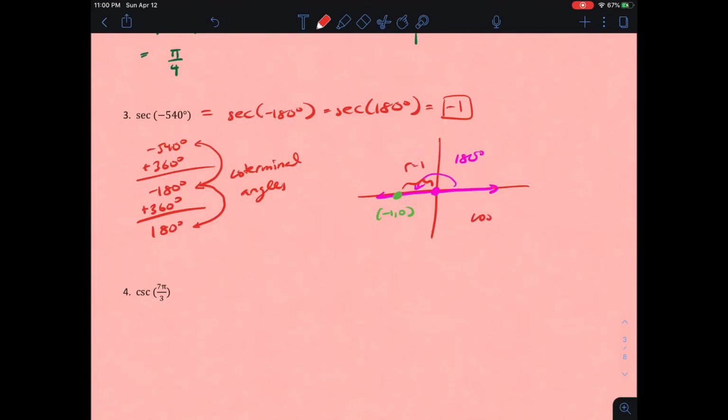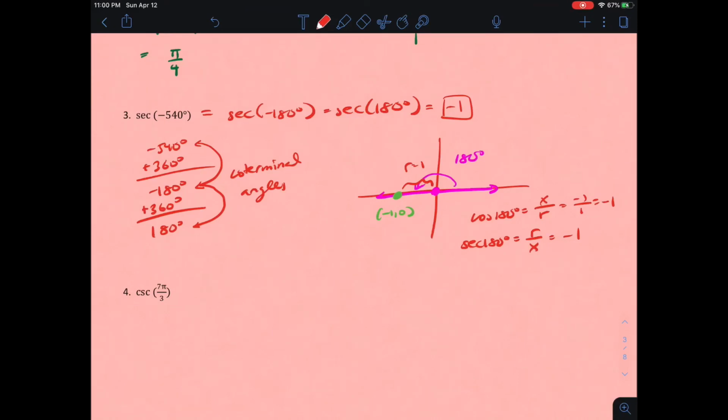And if you remember, cosine of 180 degrees is x over r, which in this case is just negative 1 over 1, or negative 1. Secant of 180 degrees is r over x, or you can just take the reciprocal of what we just got, and it's still negative 1. Just make sure you know how we define these trig functions when we extended the angles outside of the first quadrant. If you got that right, nicely done.